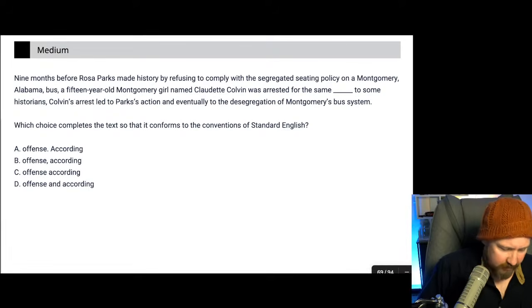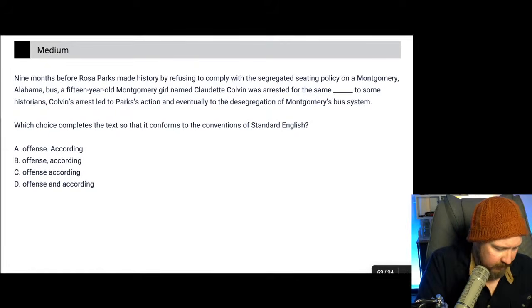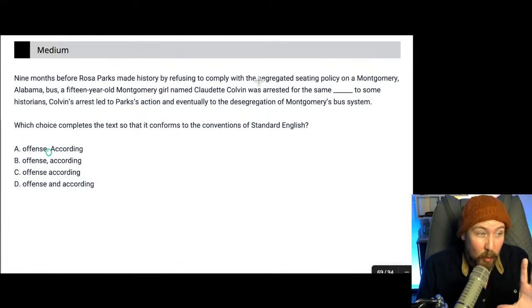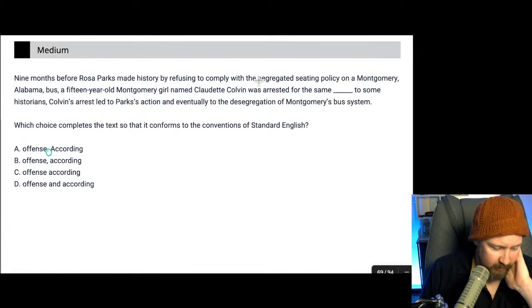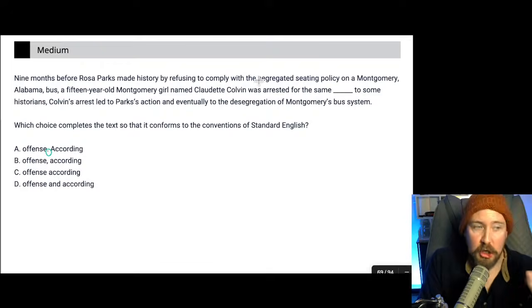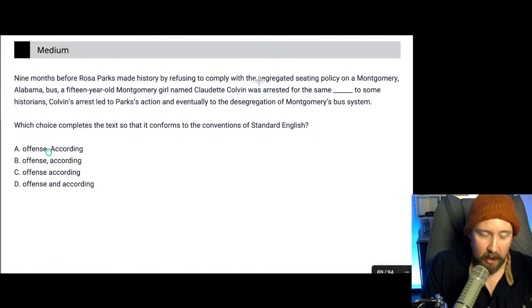Okay, step 1, full sentences. We have a period, so I'm going to check this. On the left side, this is just one long sentence, so even though we do have to read the full sentence, we can still be a little bit lazy. Basically, I'm noticing this huge introductory phrase, which is another comma rule, by the way.